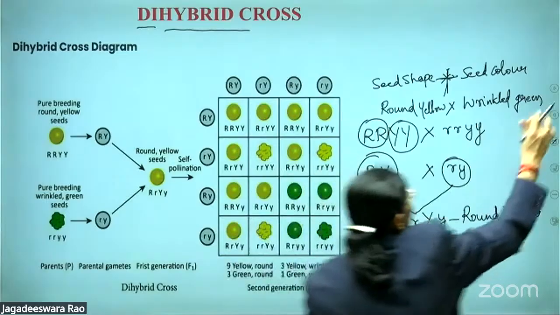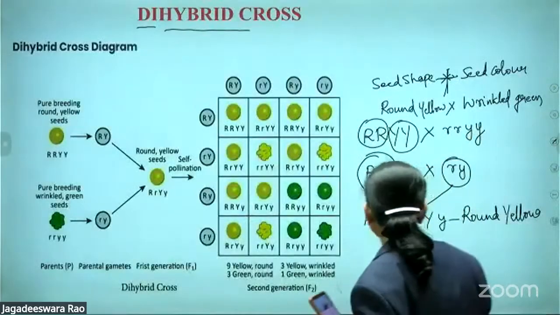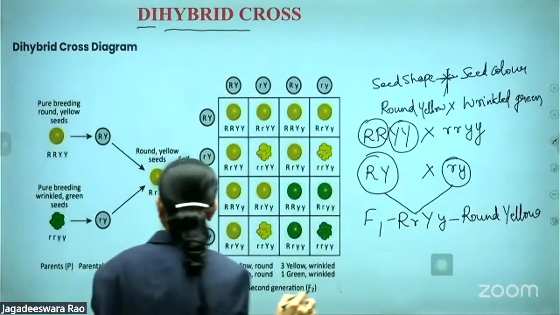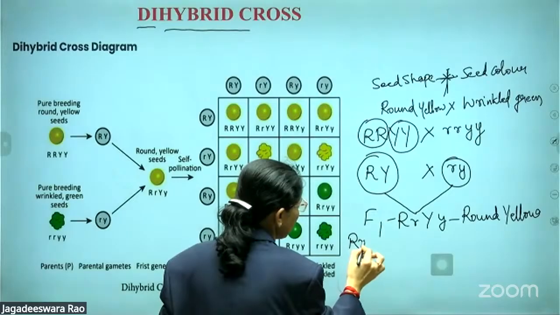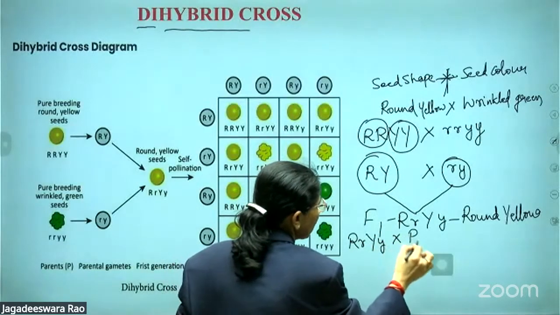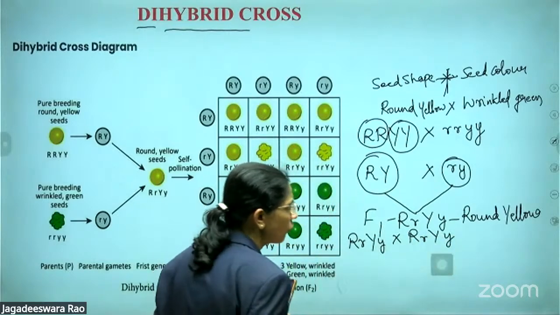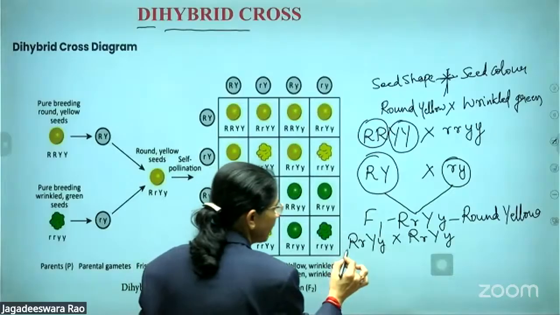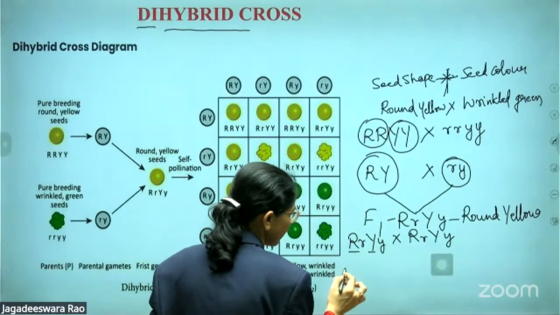Okay. Next, the F2 generation. When these F1 generation are selfed, what happens? Let us see. This is the genotype, capital R, small r, capital Y, small y, crossed with capital R, small r, capital Y, small y. Let us form the gametes here. Each gamete will have one allele for each character, right?